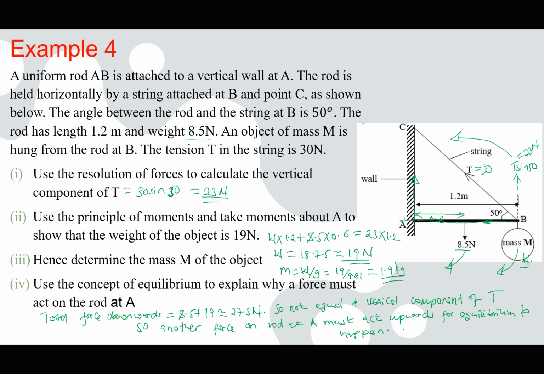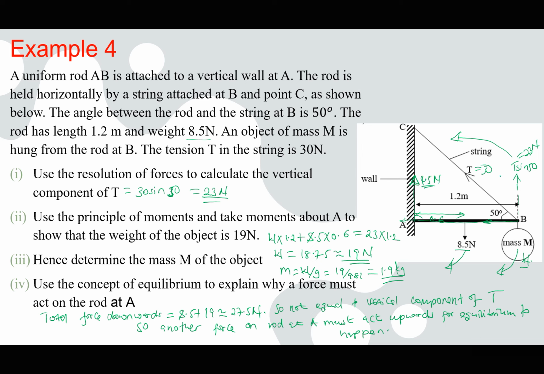And if you want to find the force upwards, you can say 27.5 minus 23. So there's a force here whose value is going to be 27.5 minus 23, which is approximately 4.5 newtons upwards.